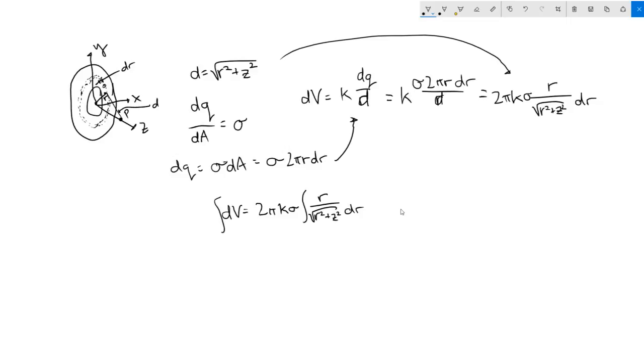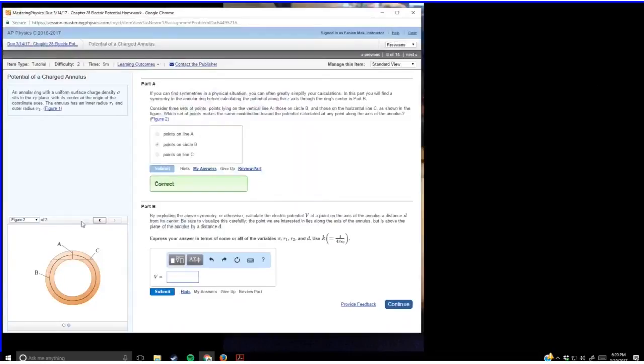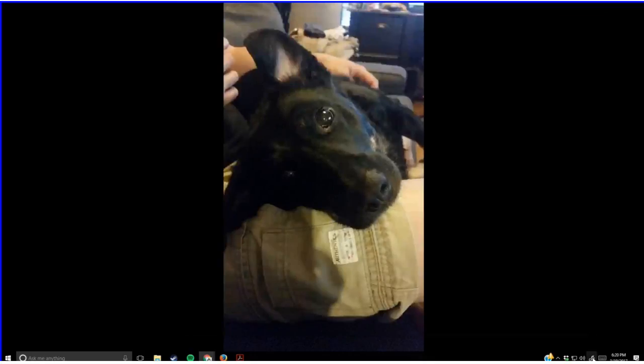We're going to add this all up. Now this is going to add up from r2. Hold on, let me look at the problem. Is it r1 to r2? It was from r1 to r2. Okay, so we're going to add up from r1 to r2.